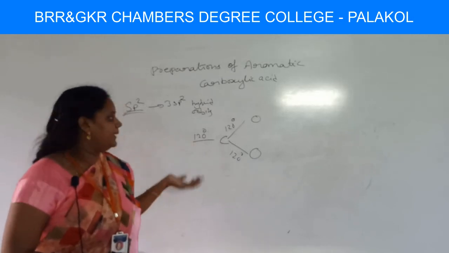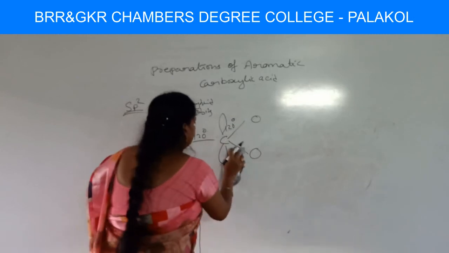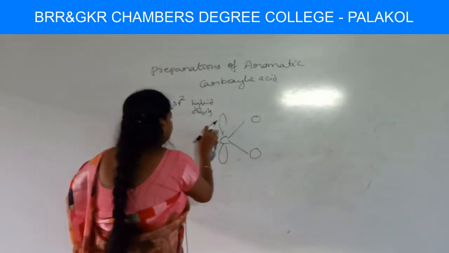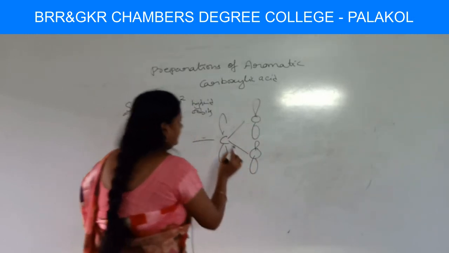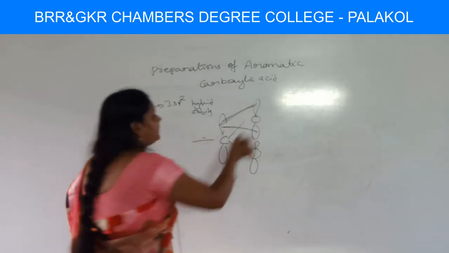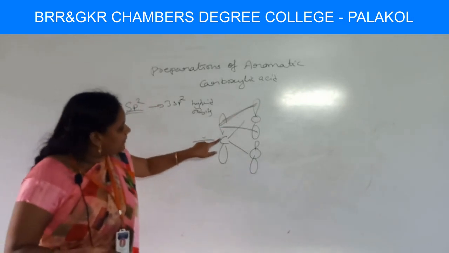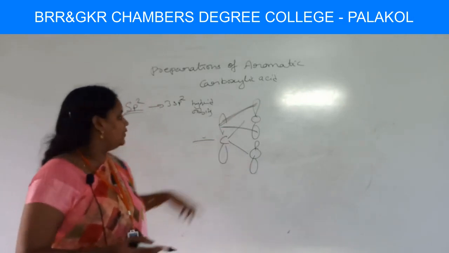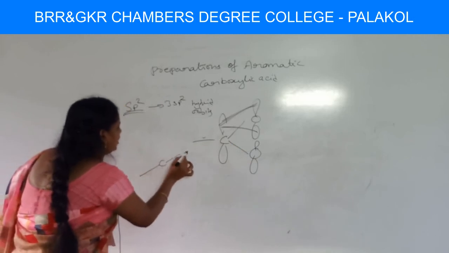But here what happens is the unhybridized p orbitals which are remaining here may overlap this side to form a pi bond between C and O and overlap this side to form a pi bond between this C and O. Hence, we will get a pi electron cloud.